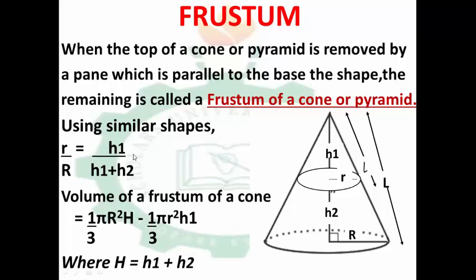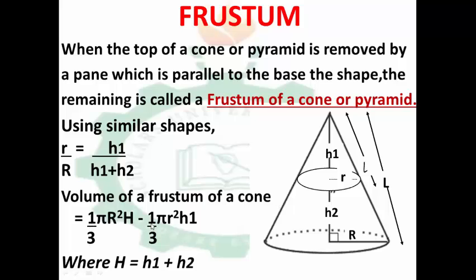So using similar shapes, r over R equals H1 over H1 plus H2. Then the volume of a frustum of a cone is going to be 1/3 pi R square H minus 1/3 pi r square H1. Remember, our capital H is equal to H1 plus H2.